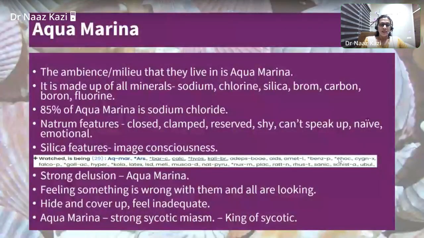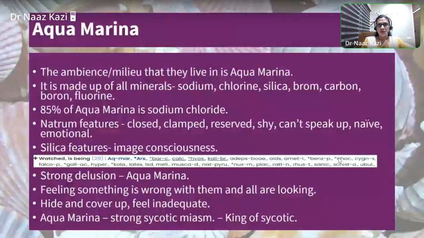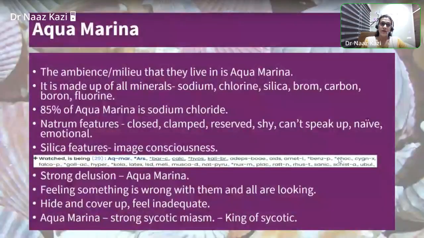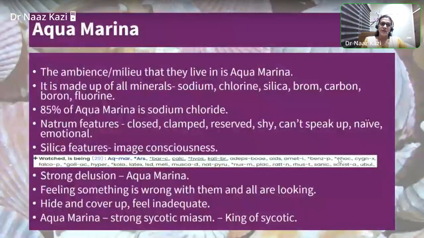As we know, aqua marina is basically of the same composition all over the earth, all the water bodies, and it is made up of many minerals like sodium, chlorine, silica, bromium, carbon, boron, fluorine. But predominantly it is made up of sodium chloride, that is natrium mur. Approximately 85% of aqua marina is sodium chloride.